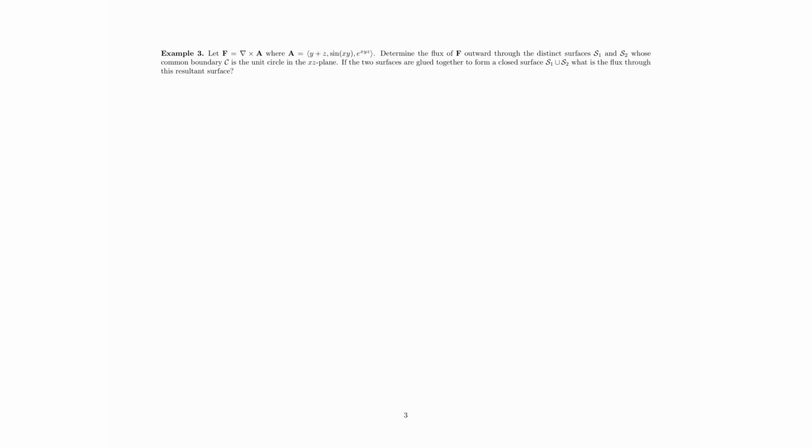So we can go ahead and quickly draw something reminiscent of what's going on here. So x, y, and z axes. Draw my circle here.